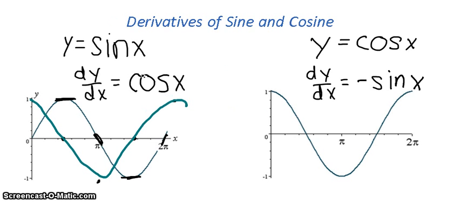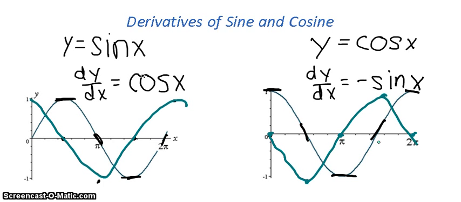And same thing on the right side with the cosine graph. If we start making tangent lines to the graph and then would plot their slopes, we would notice, if we connected the dots, that this is actually a negative sine graph.